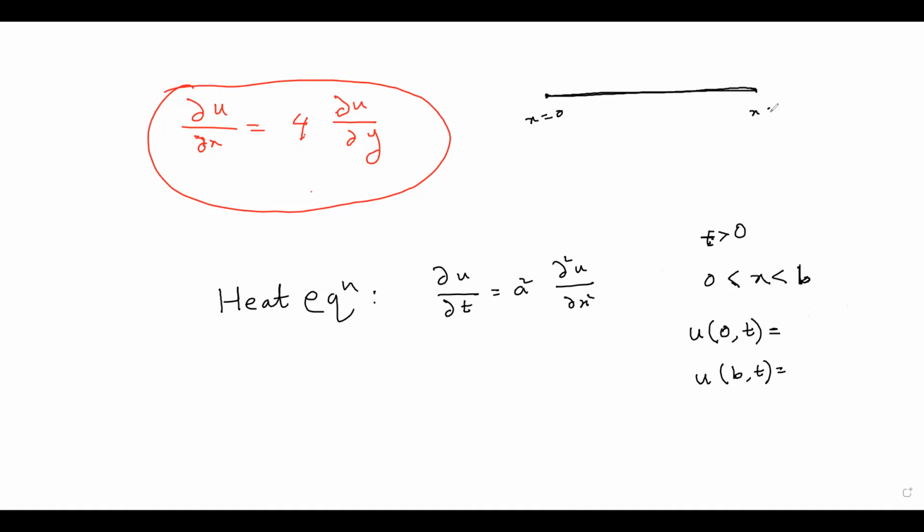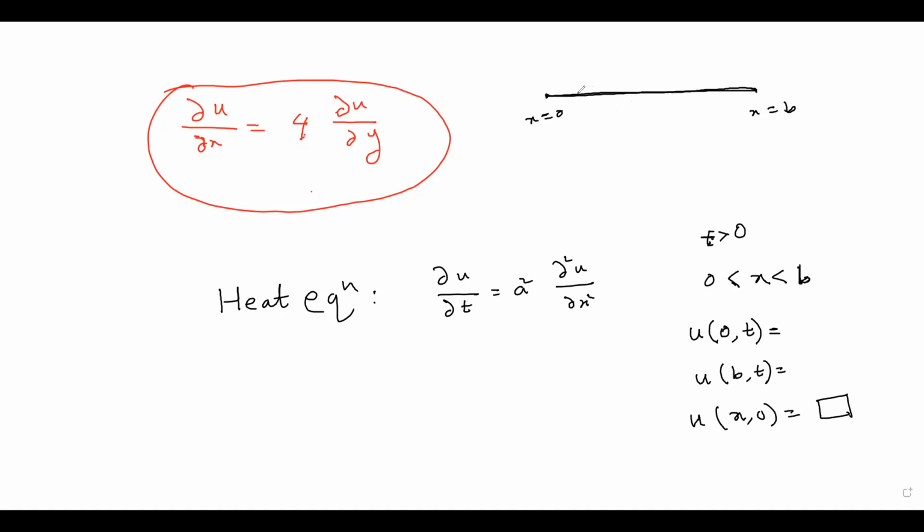This is x equals to b, and you're applying a heat source in a way that at time t equals to 0, you know the expression for u of x. That is, at time t equals to 0, this is the initial condition actually.